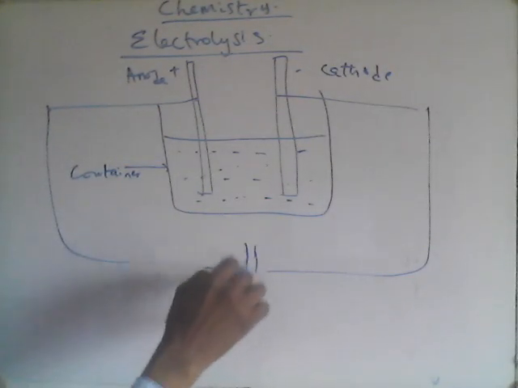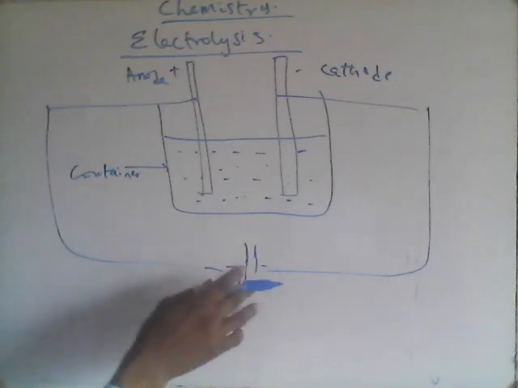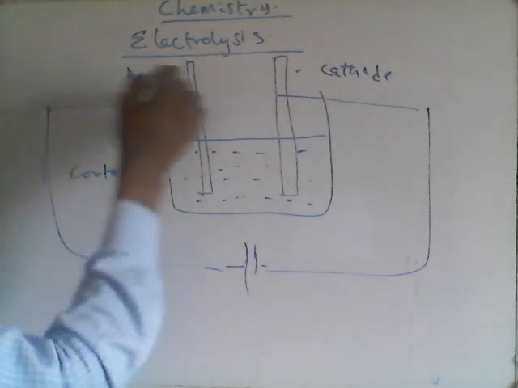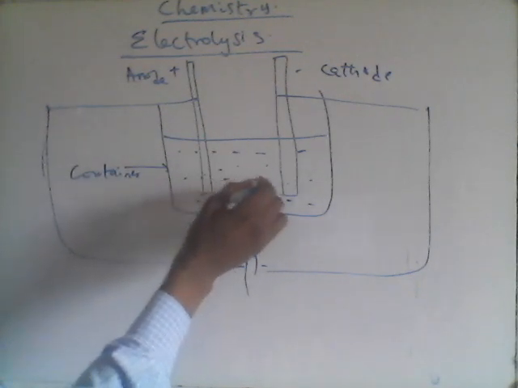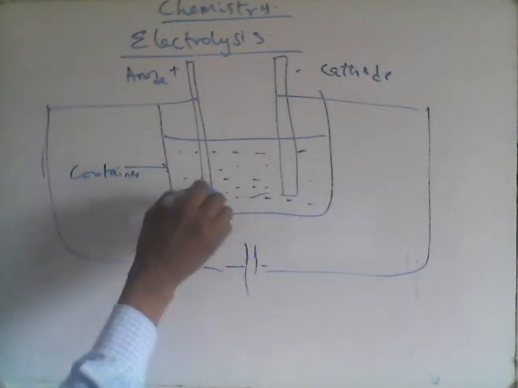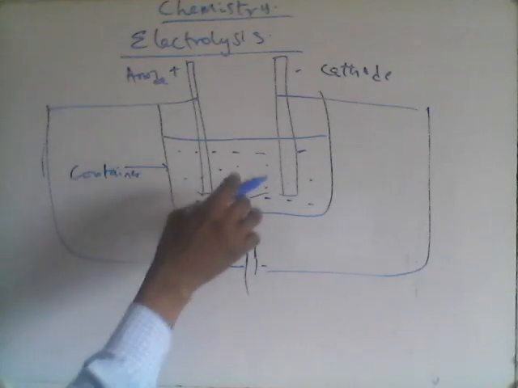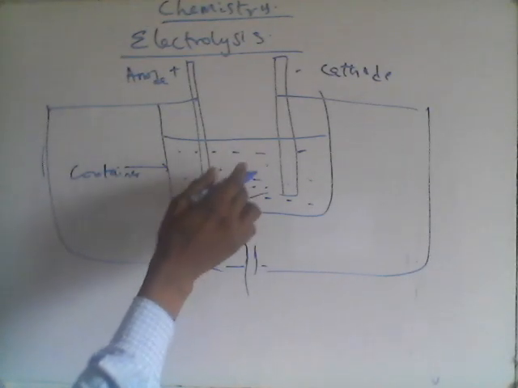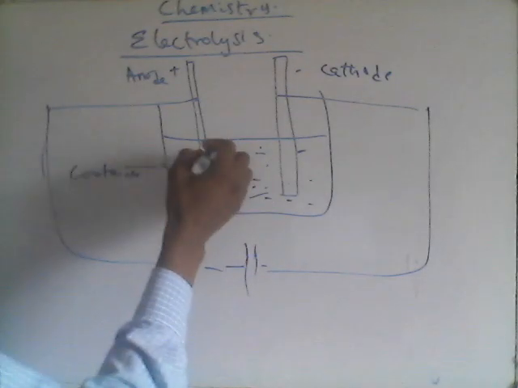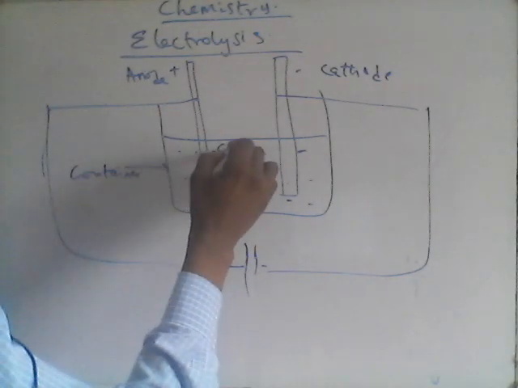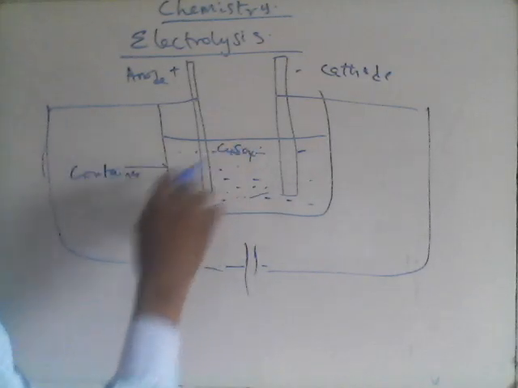So there's a battery, electromotive force. Once this circuit is completed, current begins to flow like this and flow through here. This current can also flow into this solution and liberate the solutions. So let's say I have a copper sulfate solution inside here.